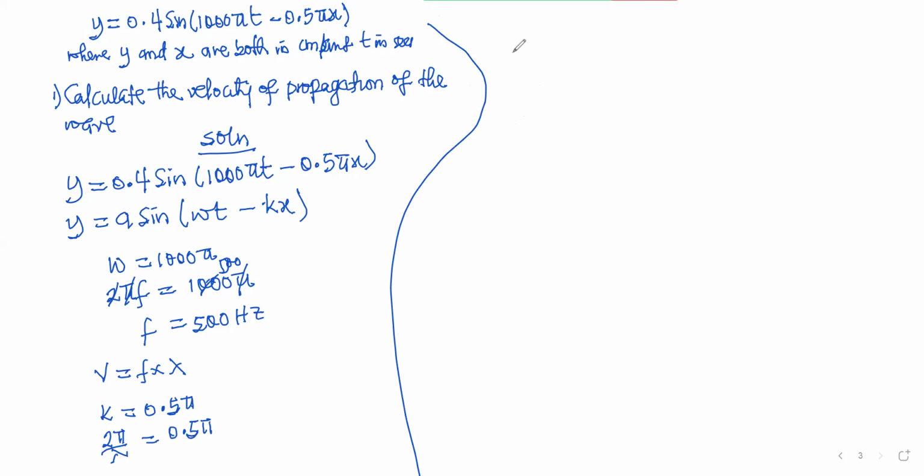So we have 2 pi over lambda, because pi will cancel out, giving us 0.5. Therefore, lambda will be equal to 2 divided by 0.5.